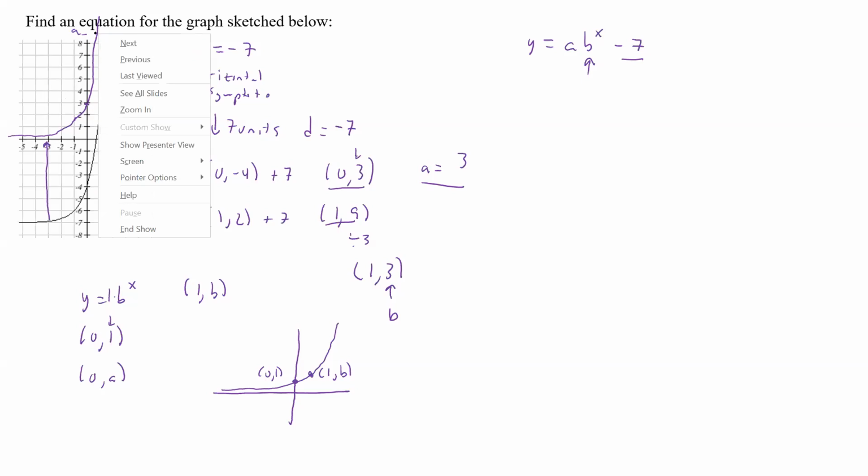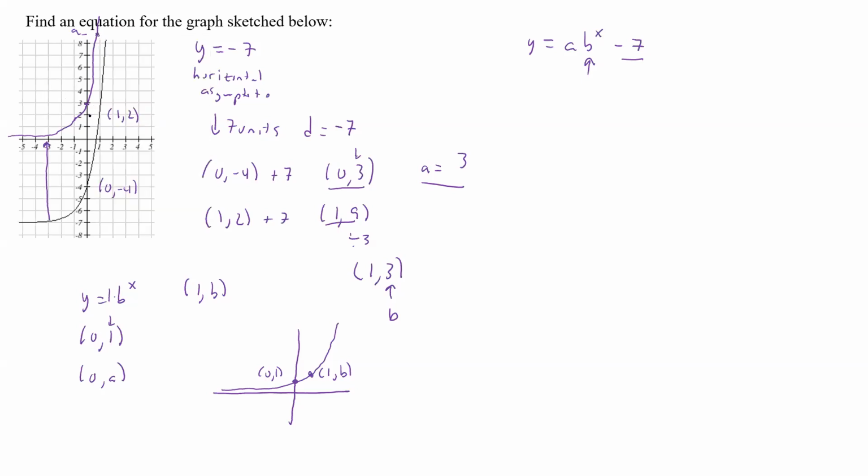How does that compare to our original values, which we know are 0, 1? Well, if I have 0, 1 and I've gone up to 3, I've had to multiply that by 3 to get to here. So my a, which is my multiplication factor, is equal to 3. That's where I got a equals 3.